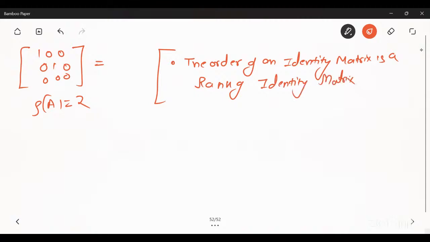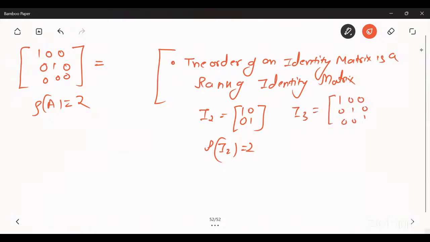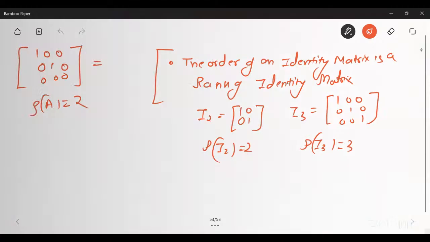If you have the identity matrix of 2 by 2, that means 1 0 0 1, then the rank of the matrix I2 will be 2. And if you have the matrix I3, 1 0 0, 0 1 0, 0 0 1, then the rank of I3 will be 3. So in an identity matrix, the order of the identity matrix is the rank of that matrix.